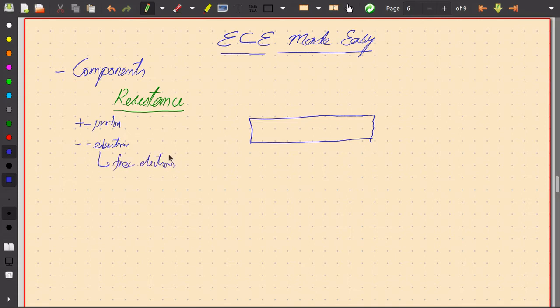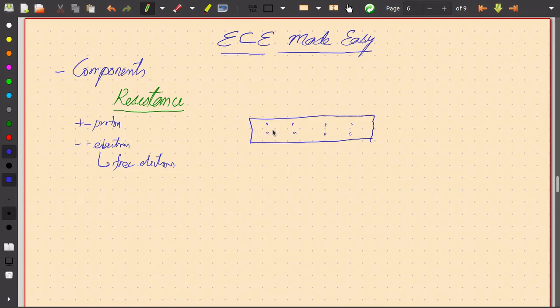These free electrons are available in the matter, and they are ready to move, they are free to move anywhere in the matter.